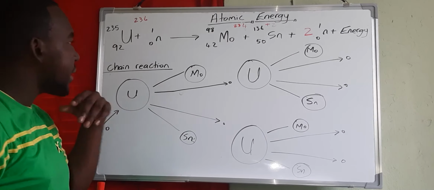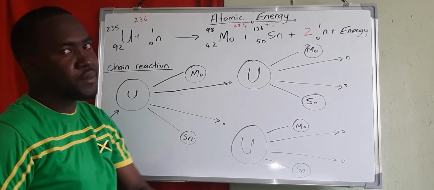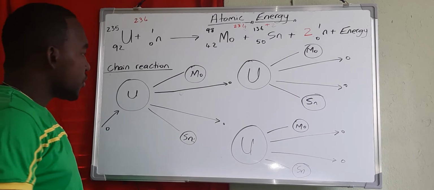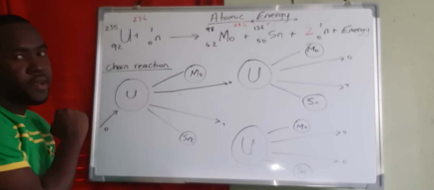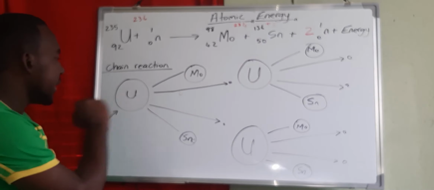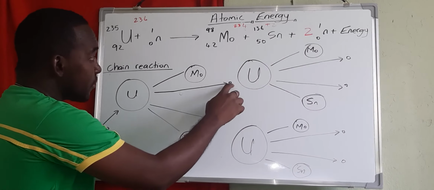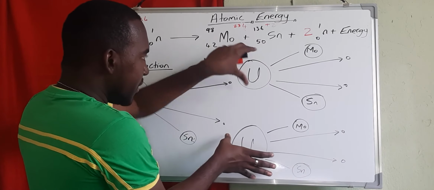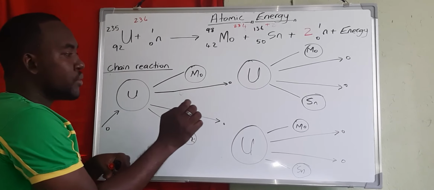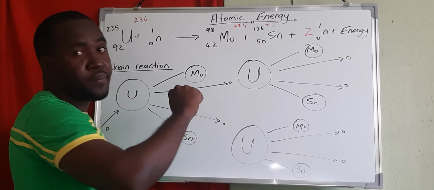So we use a chain reaction, because here we notice that we have two neutrons becoming free. If we have one uranium, we ask the neutron to collide with it, it splits into molybdenum and tin. Then it releases two new neutrons that, if we have more uranium, can collide with those to break them apart.